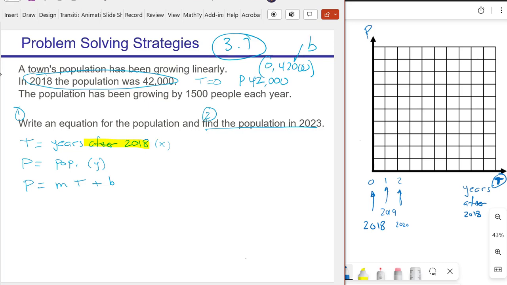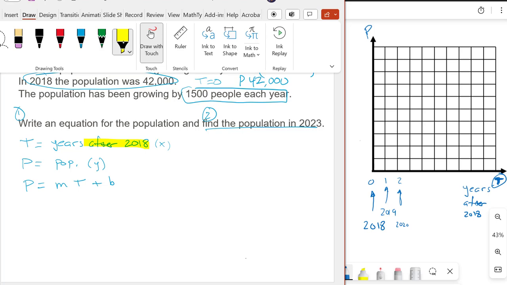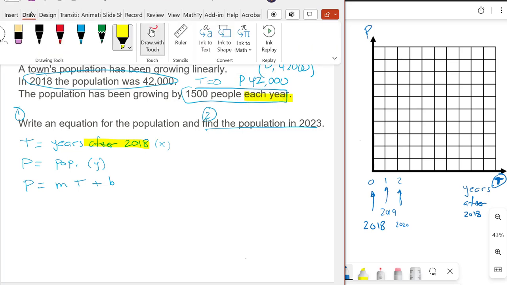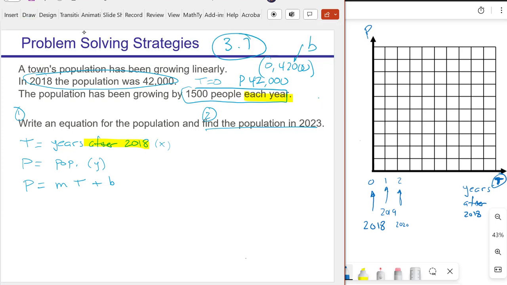We also have each year. There's that each year thing. So when we're doing each year, that means we have to multiply that population number by each year. So that's my M number right there. There's my slope, my rate of change, 1,500 people per year.